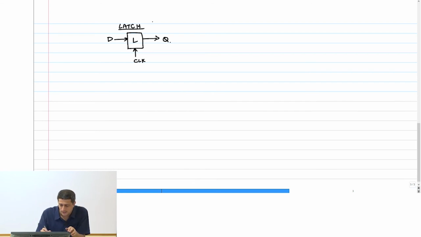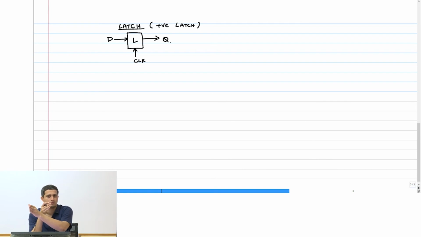So in the sense, this is a positive latch by default. What does positive latch mean? It means when the clock is high, data can go through. The latch is transparent when the clock is high, right? And therefore, I have the following. So let's now do the same timing diagram that we did for the flop.